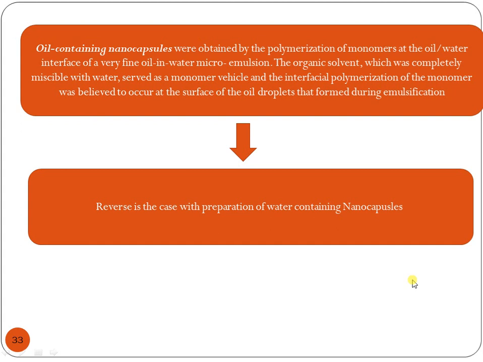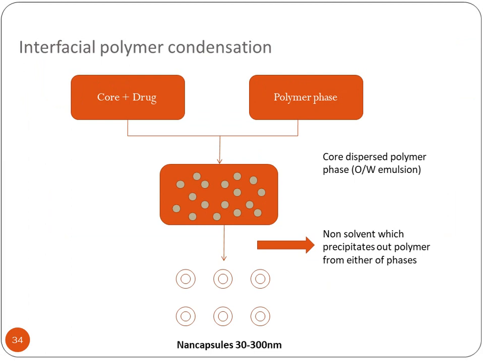The organic solvents, which are completely miscible with water, serve as monomer vehicle, and the interfacial polymerization of the monomer was believed to occur at the surface of the oil droplets that form during emulsification. And the reverse is the case with the preparation of water-containing nanocapsules. This is the process. As we can see, the two phases are mixed together.